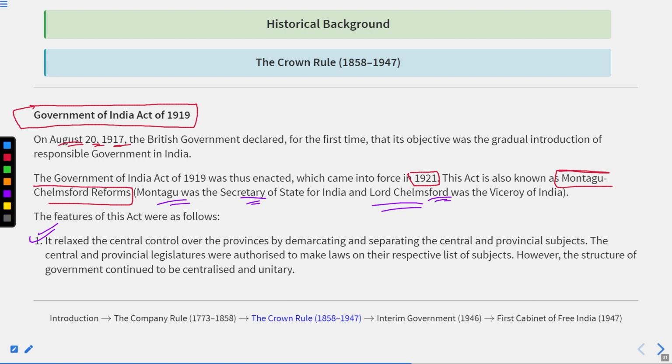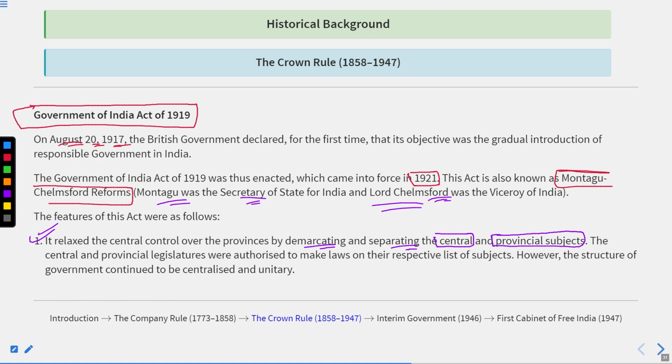relax the central control over the provinces by demarcating and separating the central and the provincial subjects. Okay, it means that for the first time the division regarding which subjects are at the central level and which subjects are at the provincial level was done. The central and the provincial legislatures were authorized to make laws on their respective lists of subjects.